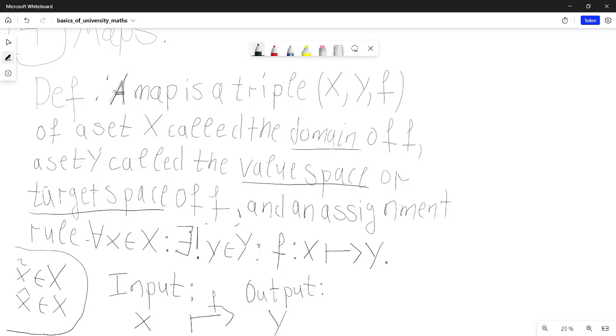So you don't want to have that you inputted x and one time your computer program gave you y1 and another time it gave you a different y2 as output. This is a function, just that.